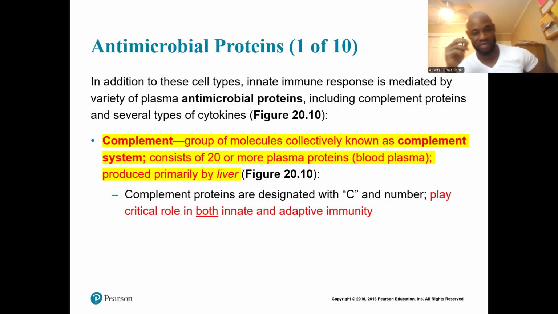So the complement group of molecules, collectively known as the complement system, consists of 20 or more plasma proteins in the blood plasma, produced primarily by the liver. Remember, there are proteins that exist in our blood plasma. Blood plasma is primarily made of water, but it has proteins floating in that fluid we call plasma, which is a part of the blood.